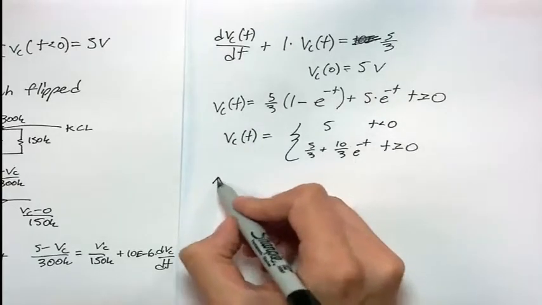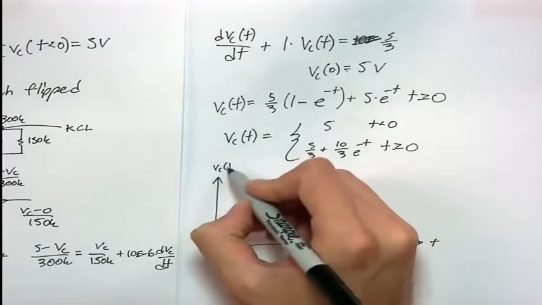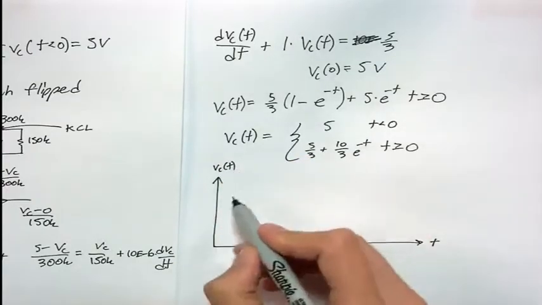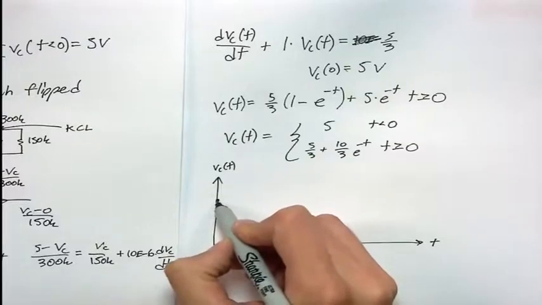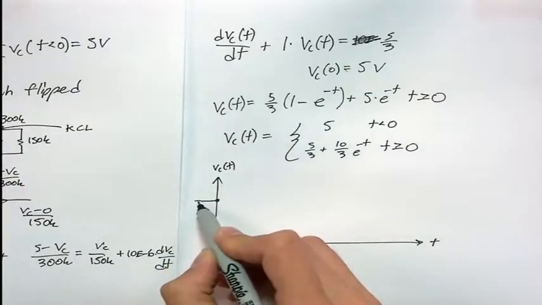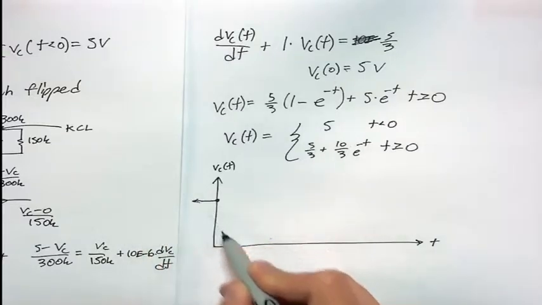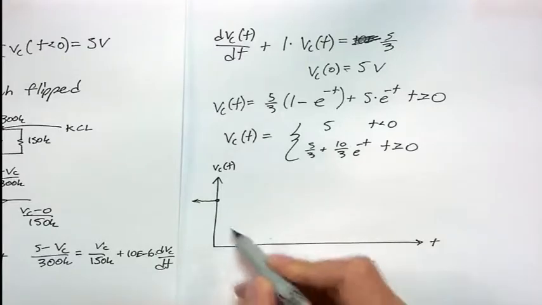Let's go ahead and graph that solution. The voltage starts at 5, and since the circuit has been running for a really long time, this gets extended out to the left.